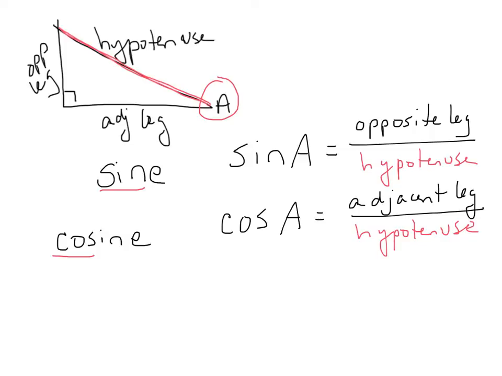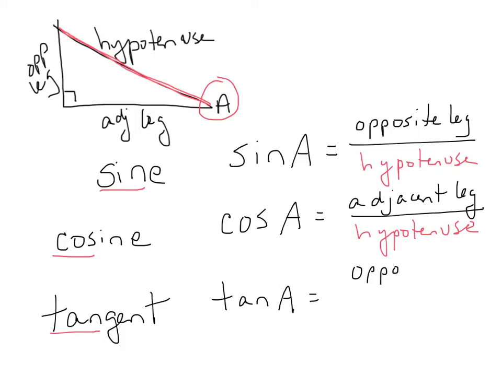And then the third and final from right triangle trig that you learned was the tangent function. And the tangent function, again, abbreviated by the first three letters of its function name, is actually the relationship of the opposite leg as compared to the adjacent leg.